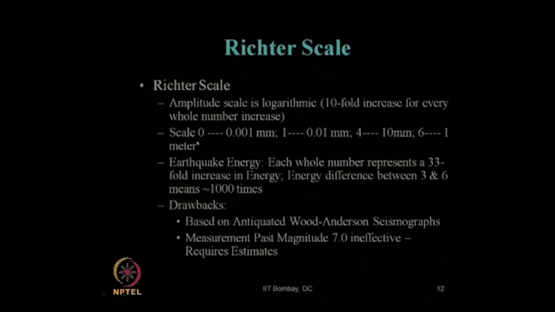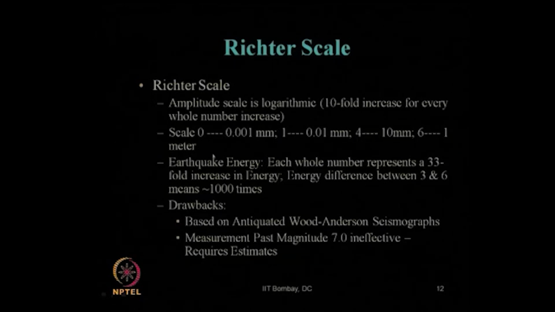So, scale 0 corresponds to 0.001 millimeter of displacement of the ground, scale 1 corresponds to 0.01 millimeter. These are typical values. Scale 4 in Richter scale corresponds to 10 millimeter, scale 6 corresponds to 1 meter of ground deformation.